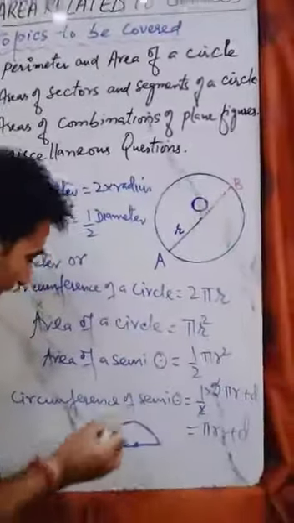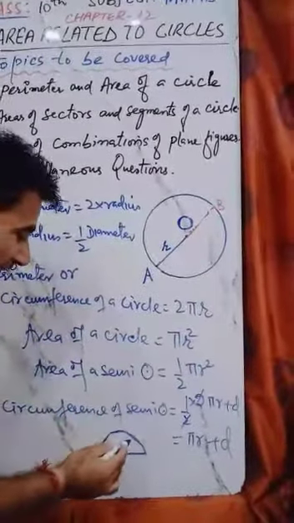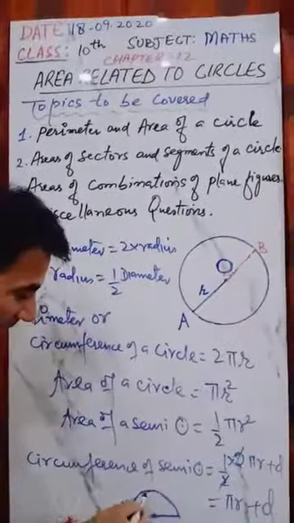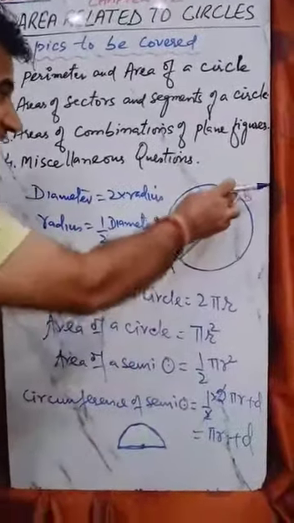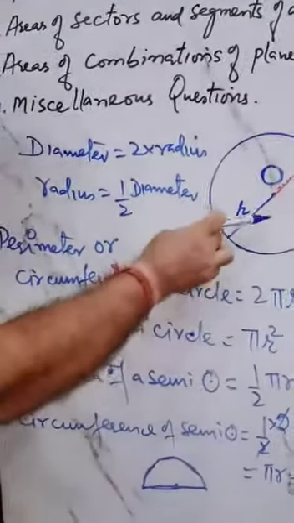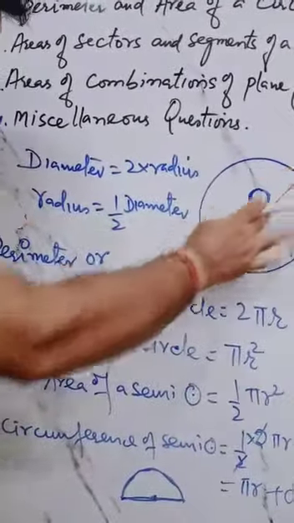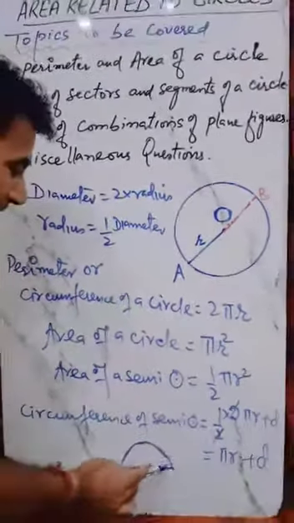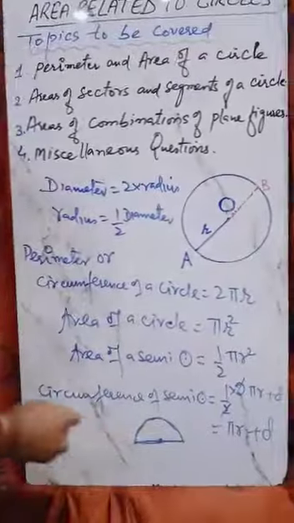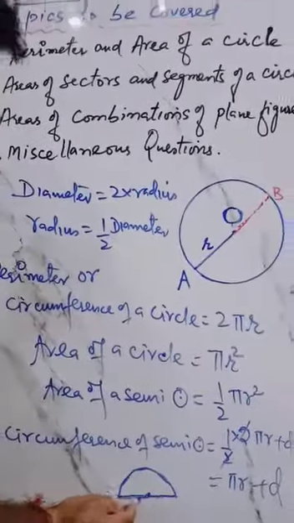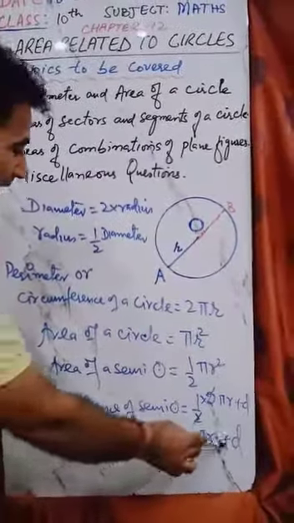That means the circumference of a semicircle will be pi r plus diameter. If we include only this arc A to B, then it will be pi r, but if we take this diameter also, then we have to write pi r plus d. So if we show the circumference of a semicircle this way, then its perimeter will be pi r plus d.